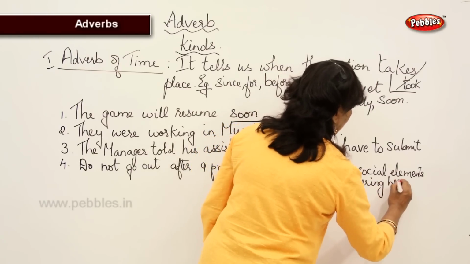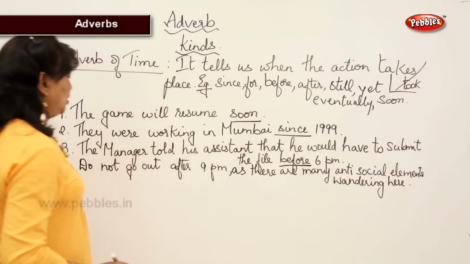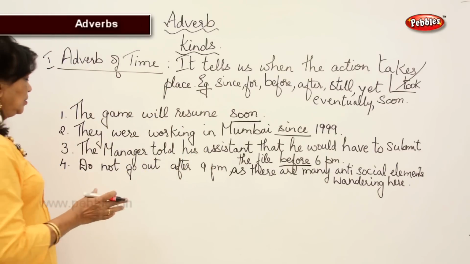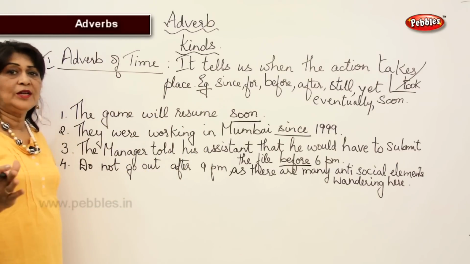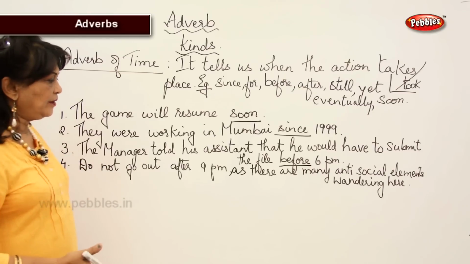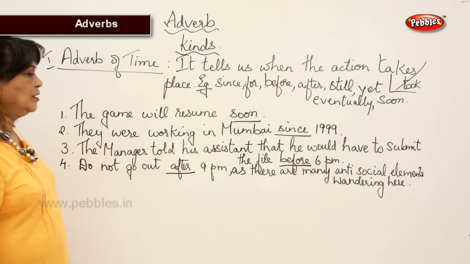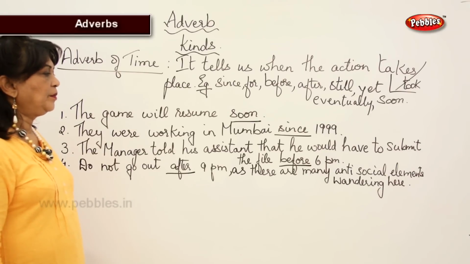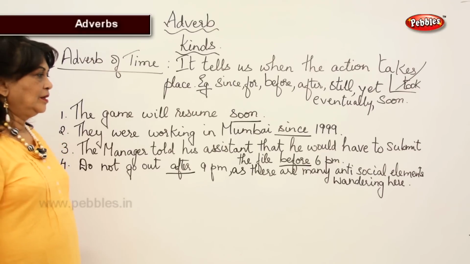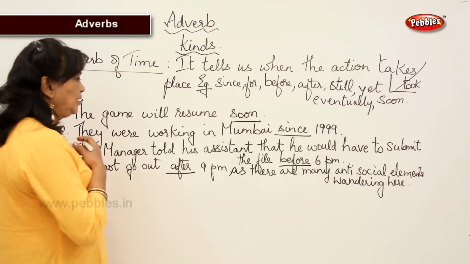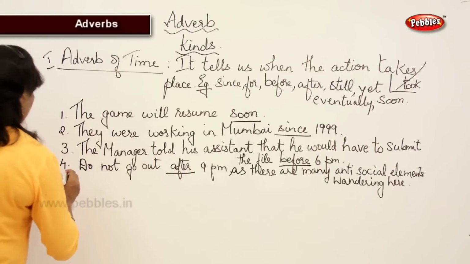Okay, wandering here. Do not go out. Okay, do not go. Go is the verb and which is the adverb here? After. After 9 p.m. as there are many antisocial elements wandering here. Okay, next one.